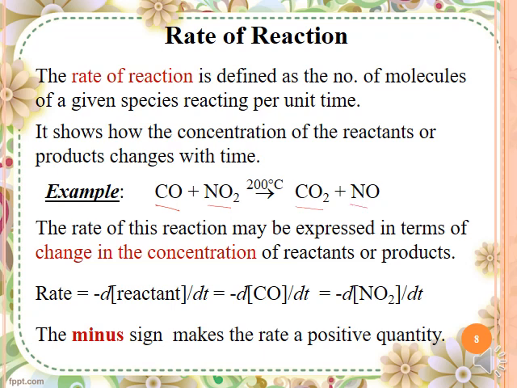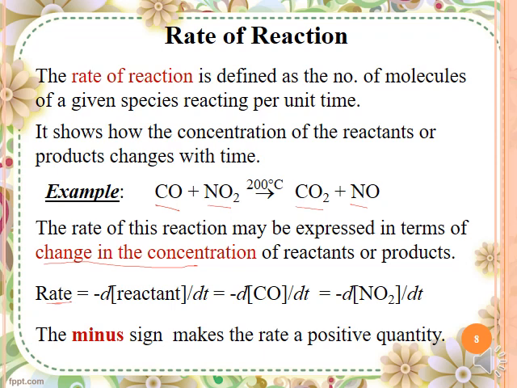So to express this in terms of the change in concentration, this is how we write the rate. Rate is negative d, square bracket of the reactant, over dt.